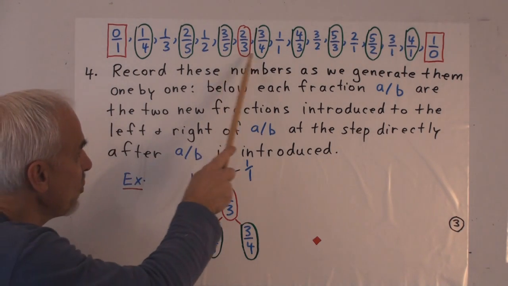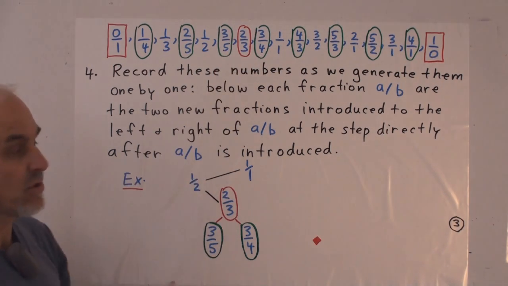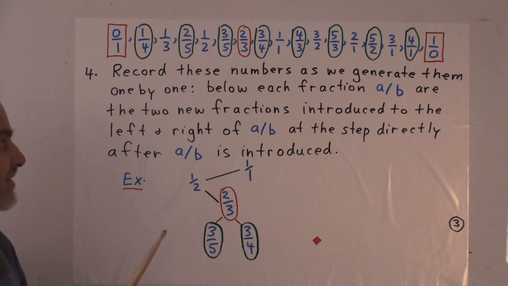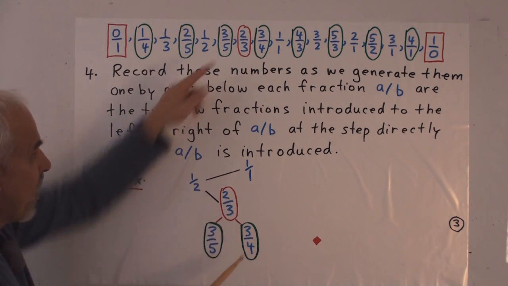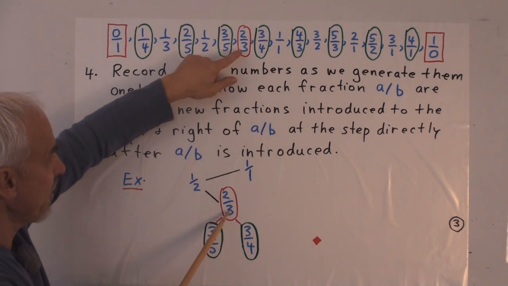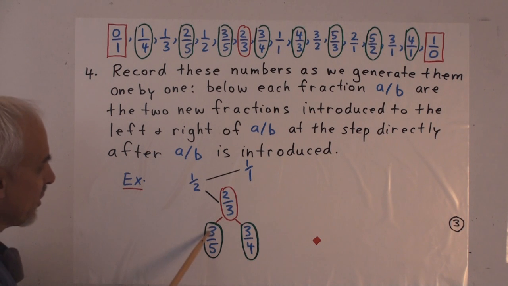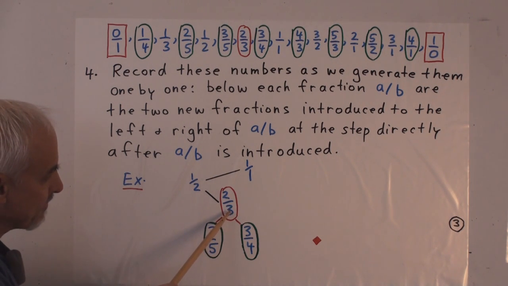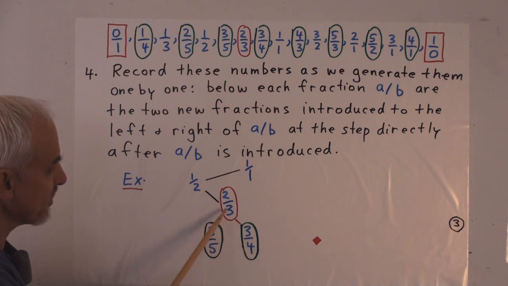And so those two new objects that are created, they're created from 2/3, which was the latest new one. They emanate now from 2/3, one to the left, which is smaller, and one to the right, which is bigger. So the 3/5 was actually the mediant of 2/3 with 1/2, and the 3/4 was the mediant of 2/3 with 1 over 1.